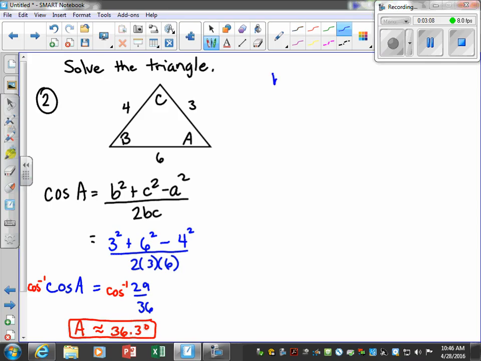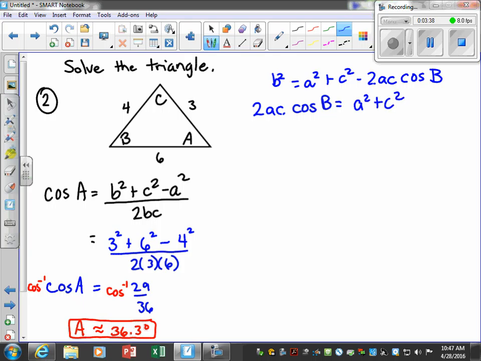B squared is equal to a squared plus c squared minus 2 times a times c cosine of B. Now, just like we did previously, and I'll take you through this one time, I want this term by itself, and I'm going to move it to the left side. So now it becomes positive 2a times c cosine of B. And I want everything else on the right, so I'll leave this one alone.